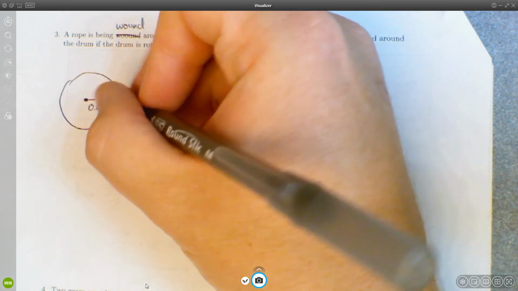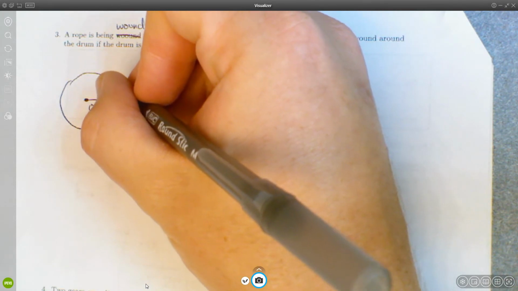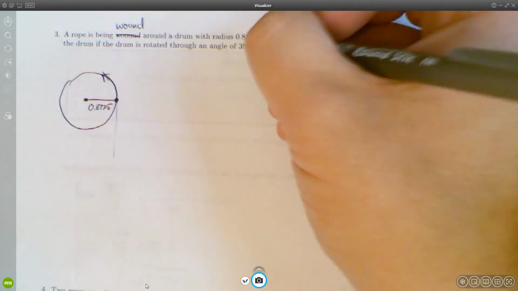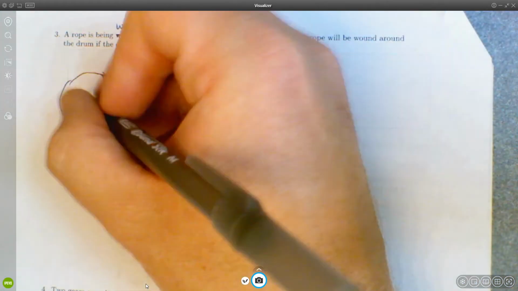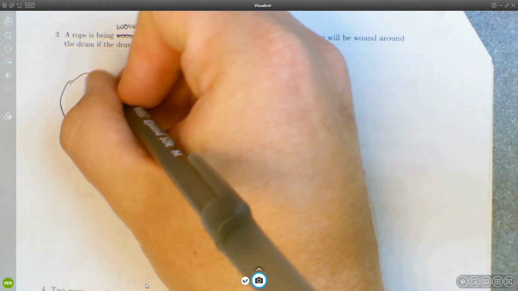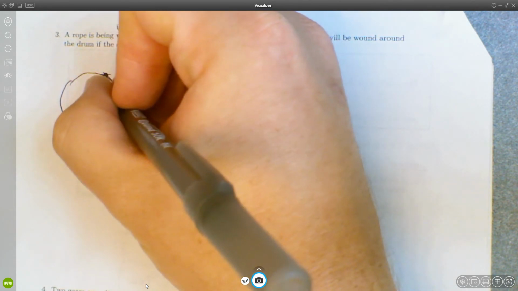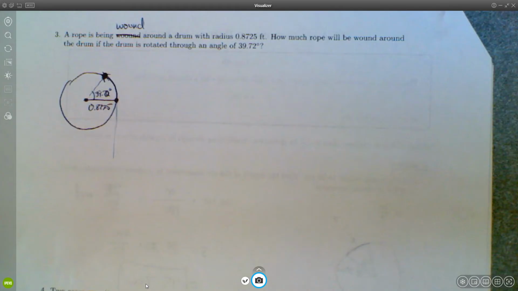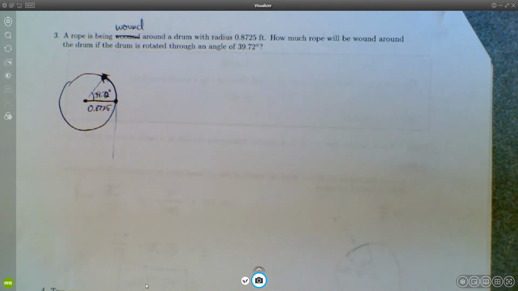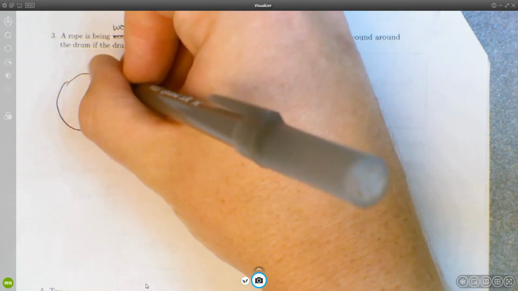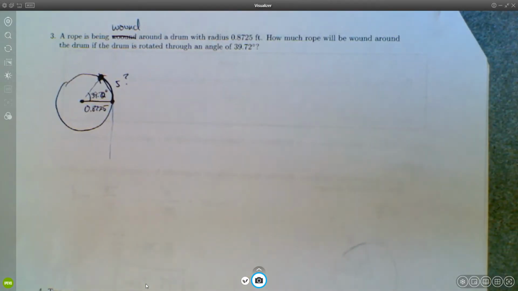If it rotates 39.72 degrees, then it ends up right there, and that's a 39.72 degree angle. The question is, how much rope will be wound around the drum? In other words, once again, we're looking for this arc length right here.